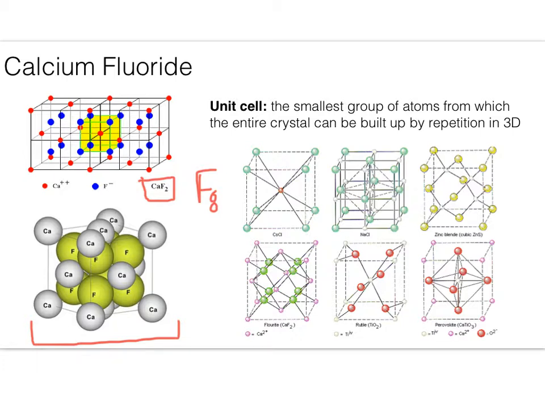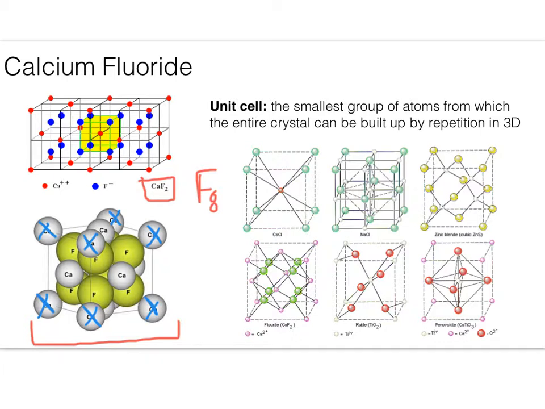The calciums are a little bit trickier because within this repeating unit cell, the actual cube bisects the calcium atom, so it actually cuts through them. And so we have 8 calcium atoms, and these 8 calcium atoms are sitting on the vertices, or the corners, of the cube.